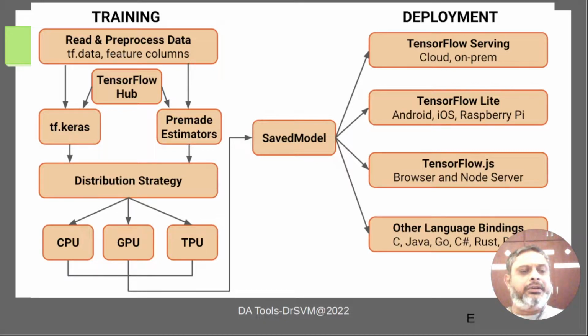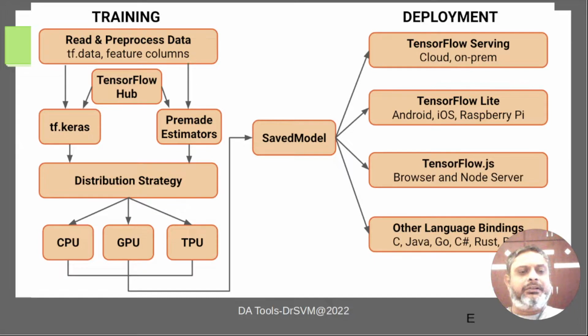CPU is the simplest, the central processing unit. It's a very slow one. GPU, the graphic processing unit, is the next one. It's much faster compared to CPU, but TPU is the fastest one.